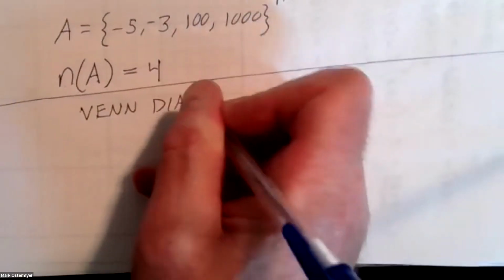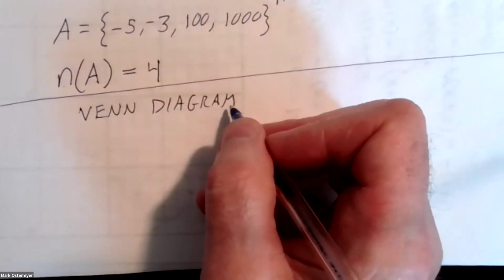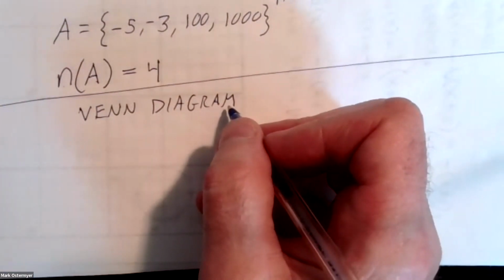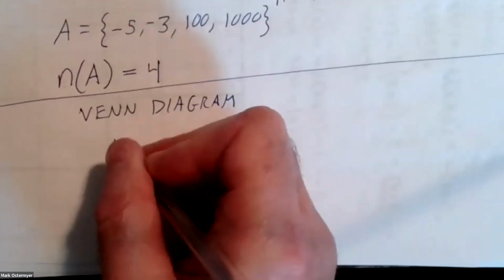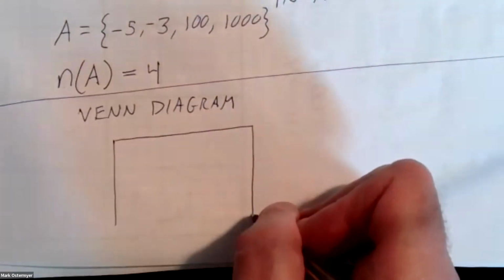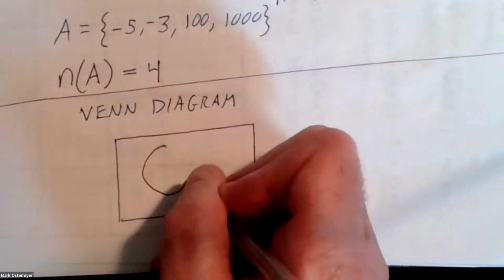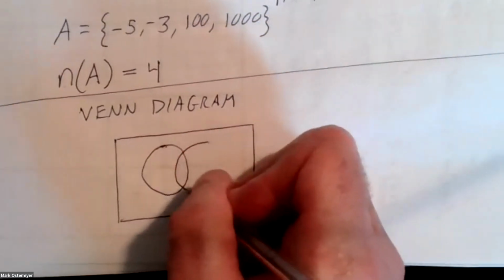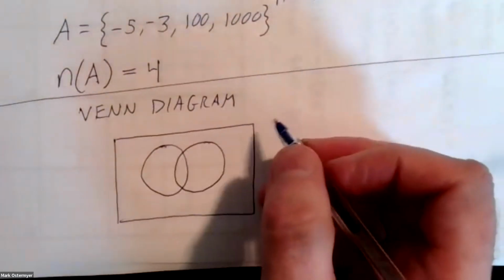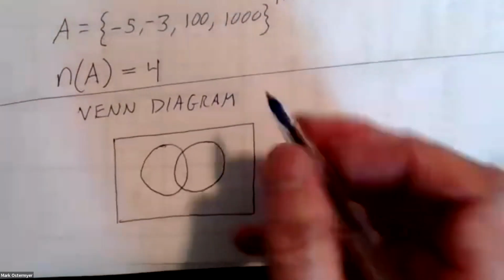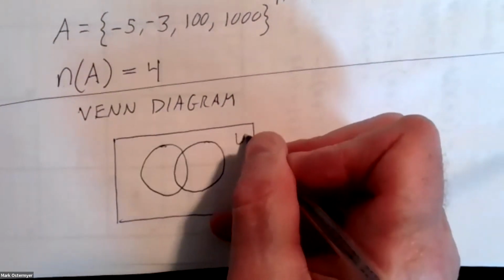All right, now we're going to get into what's called a Venn diagram. A Venn diagram is a pictorial way of representing or depicting sets. So, this box here basically encompasses what's called the universal set.